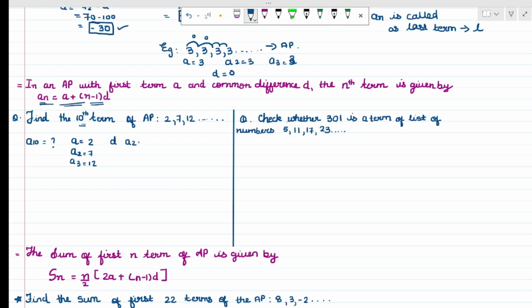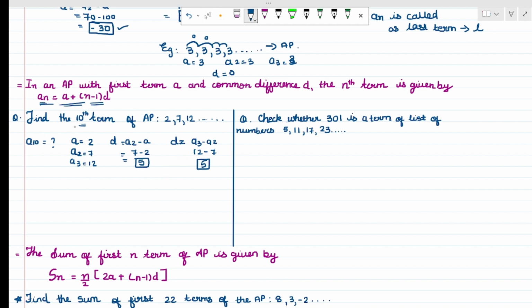I can find D by A2 minus A, or by A3 minus A2. Let's check whether it is an AP or not. 7 minus 2 gives me 5. Same way, 12 minus 7 also gives me 5. Is it an AP? Yes, they move ahead from the preceding number by adding 5. So this is my AP.